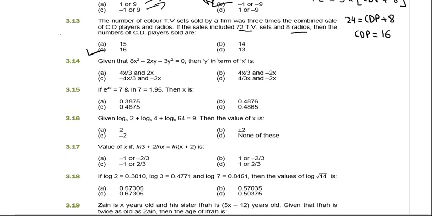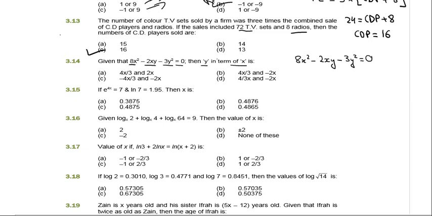3.14 says given that 8x square minus 2xy minus 3y square equals 0, then y in terms of x is: 8x square minus 2x into y minus 3y square equals 0.